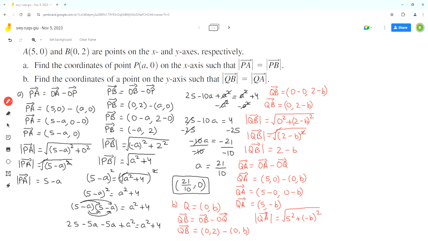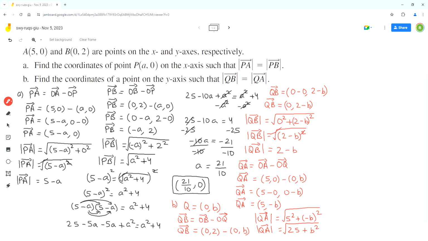So 5 squared is 25 and negative b squared is b squared. So this is the expression for the magnitude of vector QA.